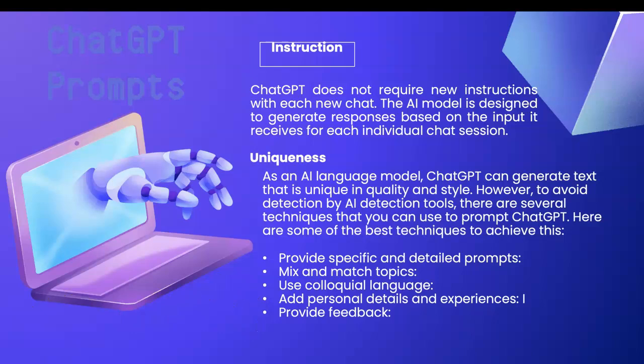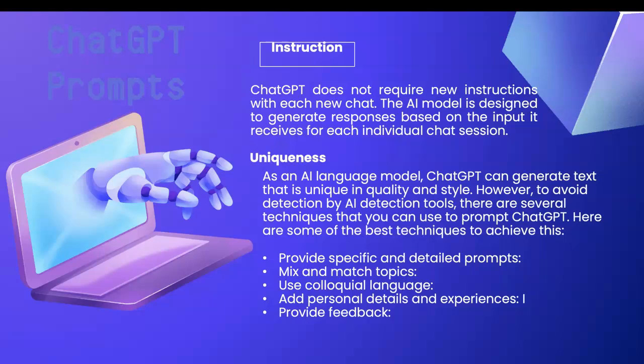So looking at instruction, what I want to demonstrate here is sometimes you don't need new instructions for every single new chat. It can generate responses based on the input that it received. And so there are many times where I would go back from something that I had done a month ago to continue, and I'm able to use that and keep going.